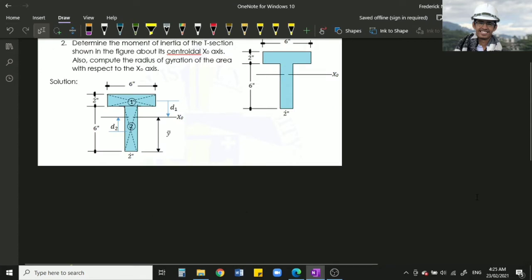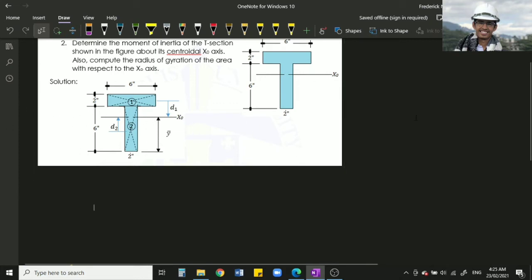So next example. Determine the moment of inertia of the T section shown in the figure about its centroidal XO axis. Also compute the radius of gyration of the area with respect to the XO axis. So let's get the moment of inertia with respect to its centroidal axis.